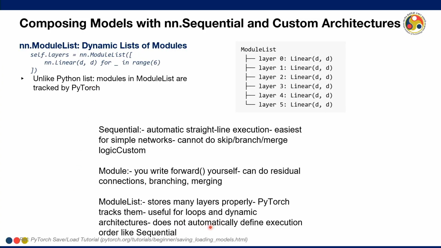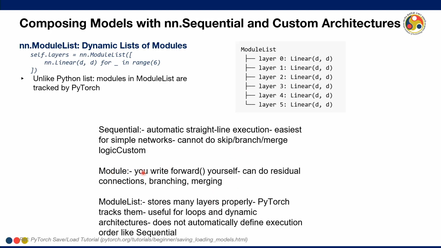And here we see that we can automatically define the execution order like Sequential. Here layer 0 will be executed before layer 1, and layer 1 before layer 2. So this is the sequence that we have, but we have automated the production of these layers, as well as made it configurable. We are not fixing the orientation.